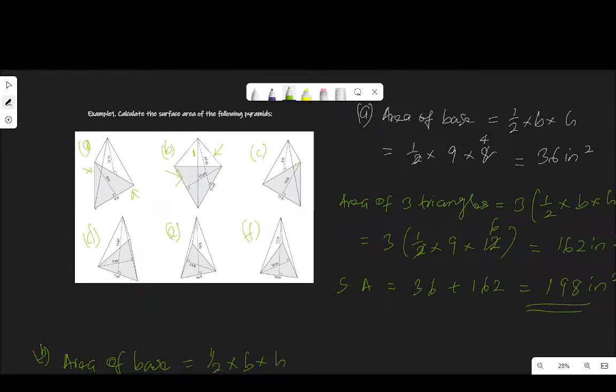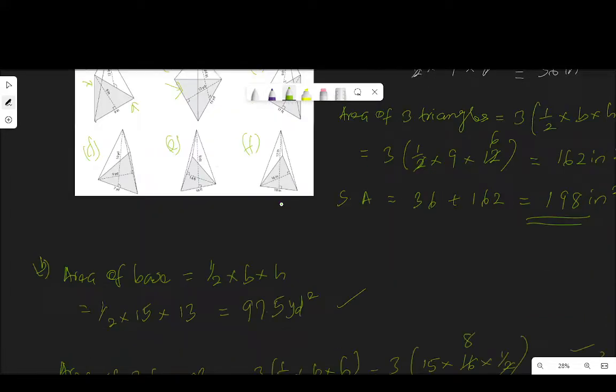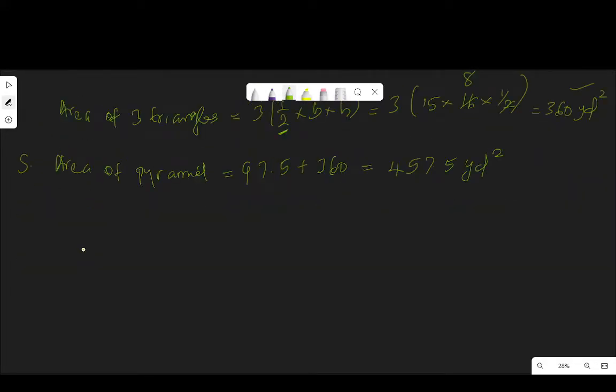Now let's move on to C. C, here is the base of the pyramid, and it's a triangular base, an equilateral triangle. The base of the triangle is 11 feet, the height is 10 feet. So area of the base, let's get that first.